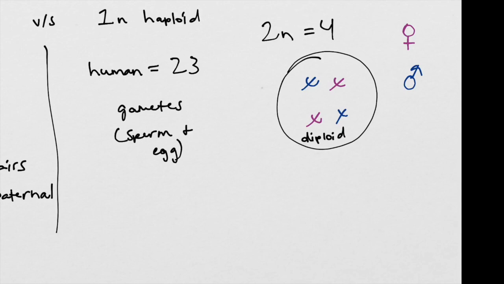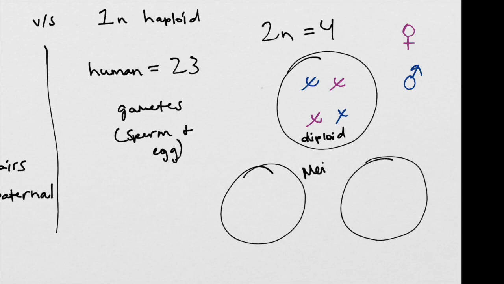Let's say the first round of meiosis happens here. What separates in the first round of meiosis? Homologous pairs. Now, is this cell diploid or haploid?